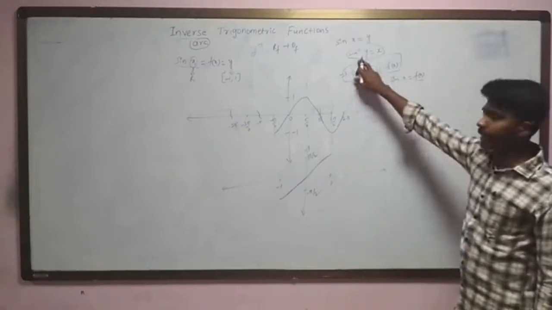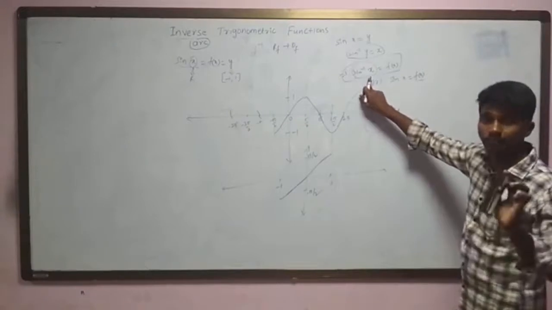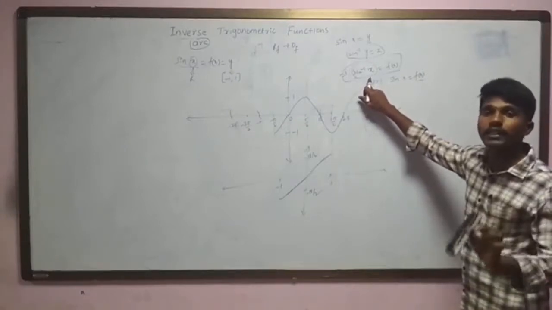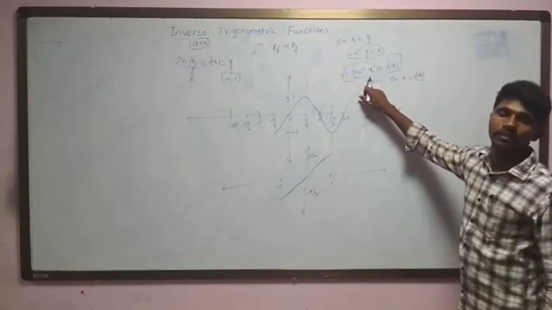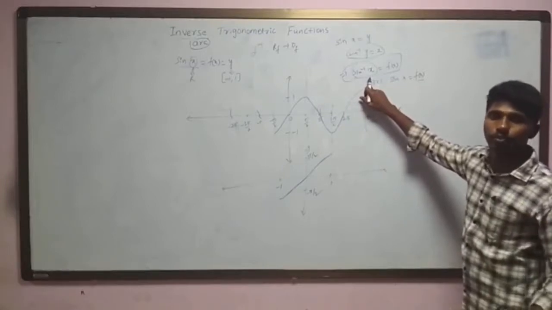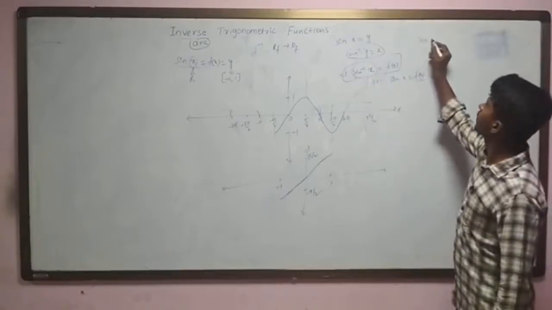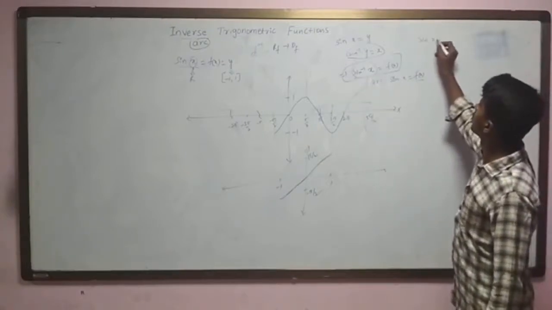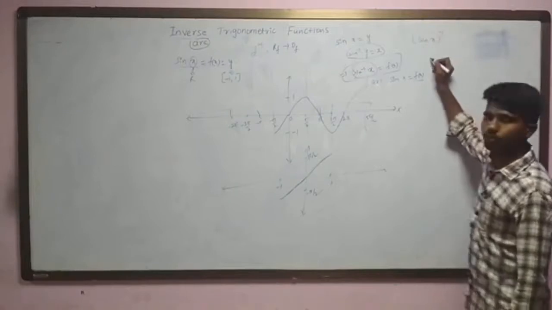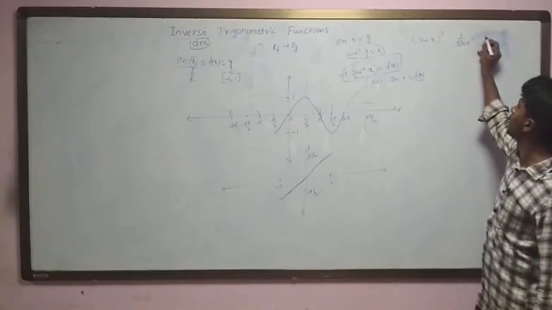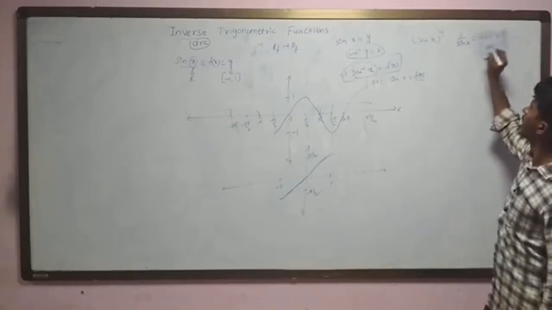Sine inverse x is a function, and sine x power -1 is the reciprocal of sine, which can be written as 1 by sine x, which is equal to cosecant x.